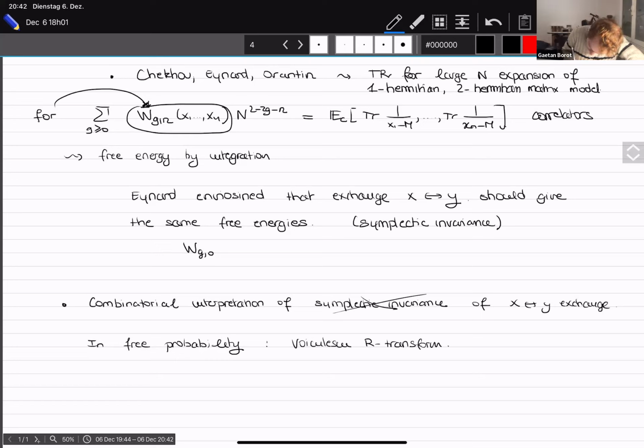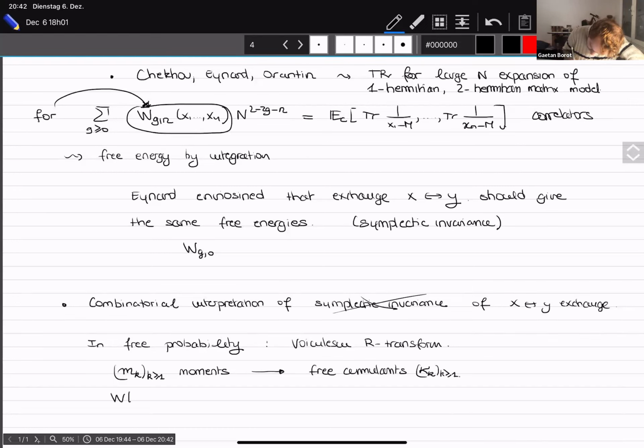And it tells that if you have a sequence m_k, which you would call the moments, you can construct from it what we call the free cumulants, kappa_k.